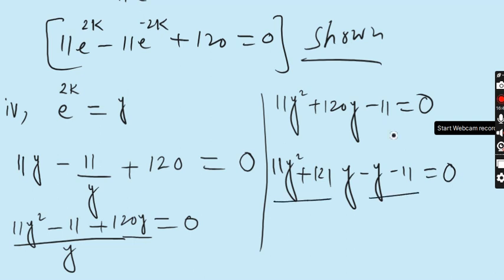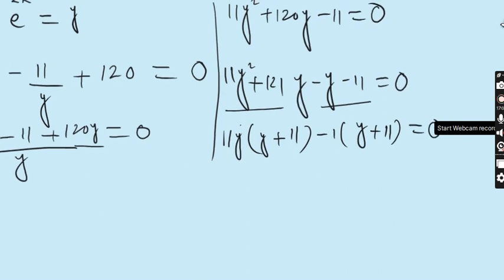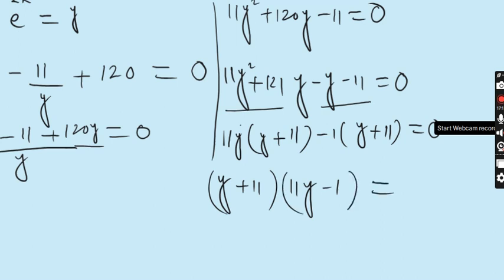Taking the first two and last two, 11y is common, so it is y plus 11; taking minus 1, it is y plus 11 is equal to 0. So y plus 11 and 11y minus 1 is equal to 0. This implies that y is equal to minus 11 or y is equal to 1 upon 11.